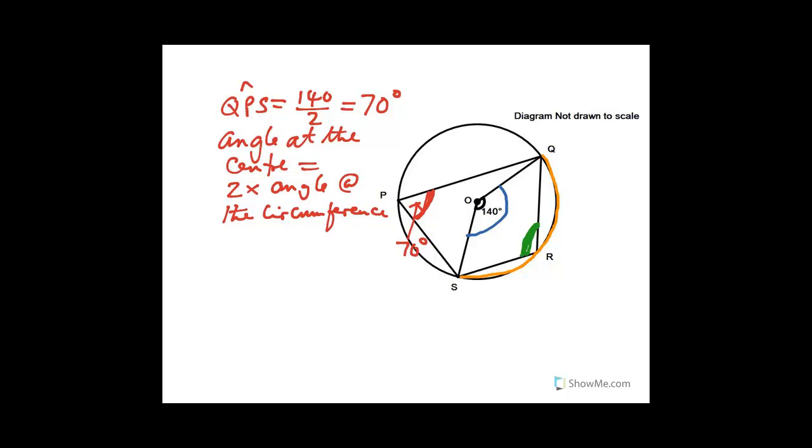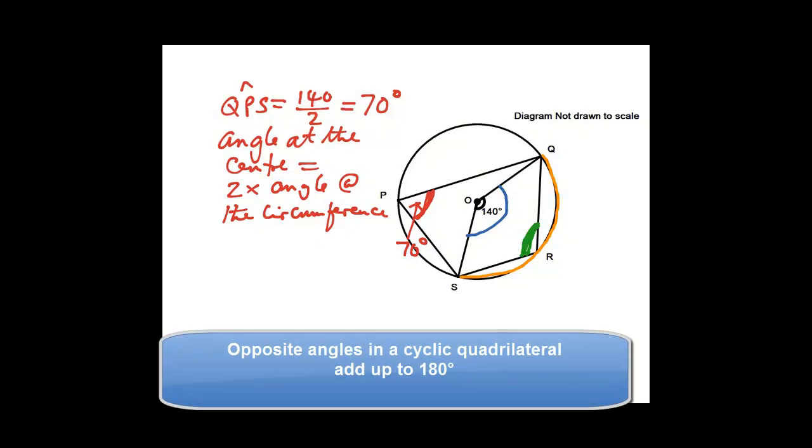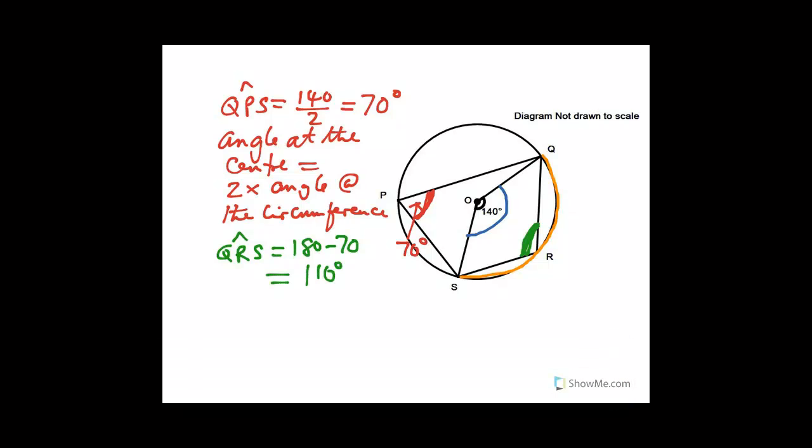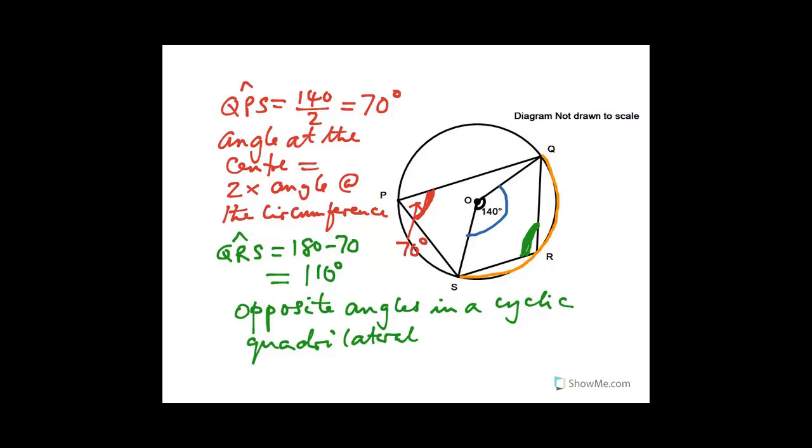So we can now use the opposite angles in a cyclic quadrilateral adding up to 180 to say that QRS, the angle we want to find, is 180 minus 70 degrees, which is 110. And the reason is opposite angles in a cyclic quadrilateral add up to 180.